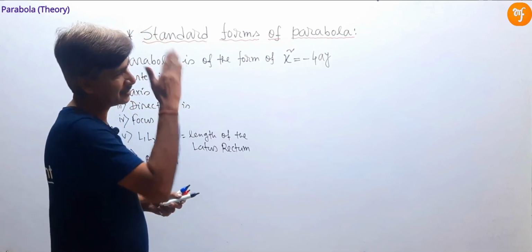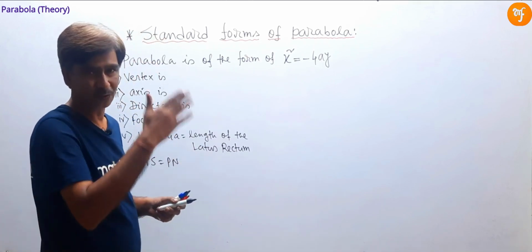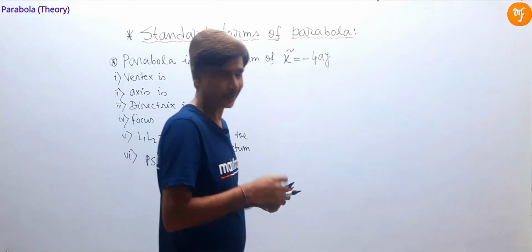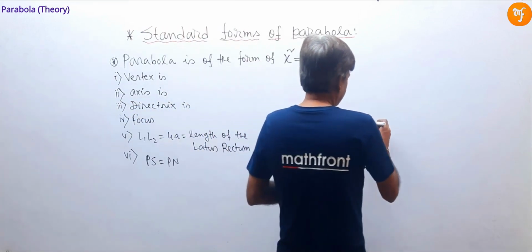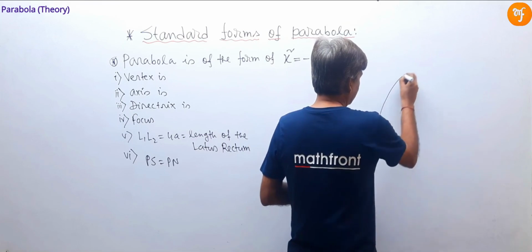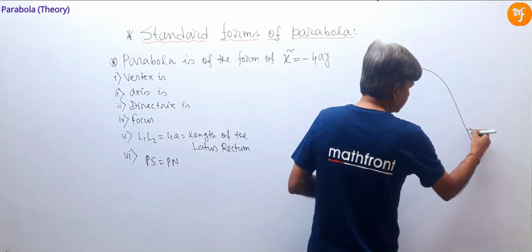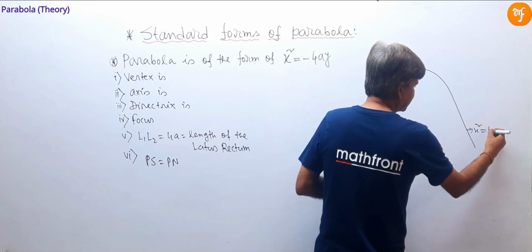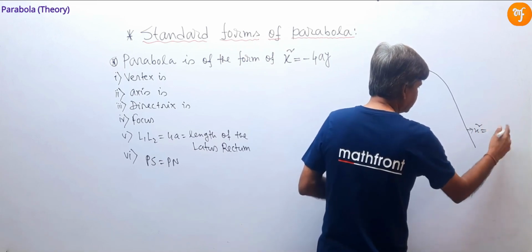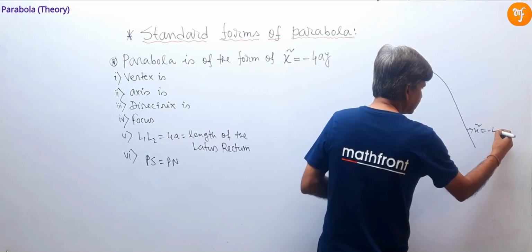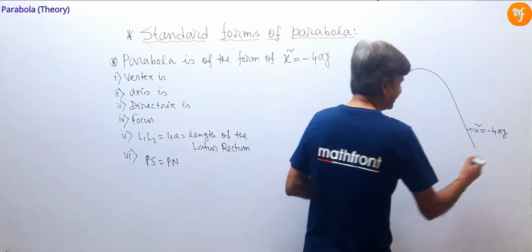Okay, and the axis is the same, that is the y axis. So let's draw the diagram first. This is a parabola which is concave downwards. The equation of the parabola is x square is equal to minus 4ay.